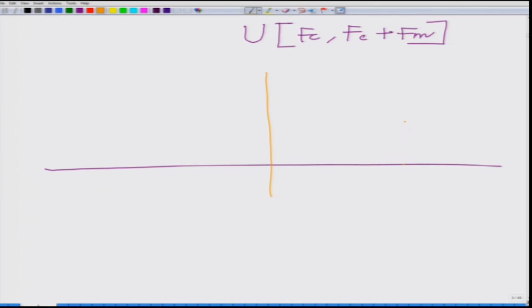So, if we only include the upper sideband, this is from fc to fc plus Fm, and on the negative side, from minus fc minus Fm to minus fc.